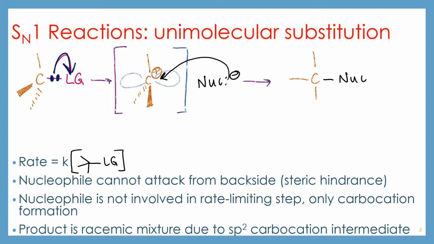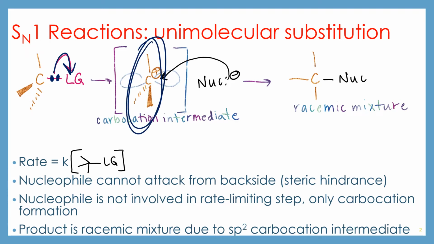But at least at the reactive center, you're going to end up with a mixture of enantiomeric forms. And again, this is because the carbocation is flat, and so the nucleophile is not locked into only attacking from the back side. It can also attack from the front. And those two options would give us opposite stereochemistry.